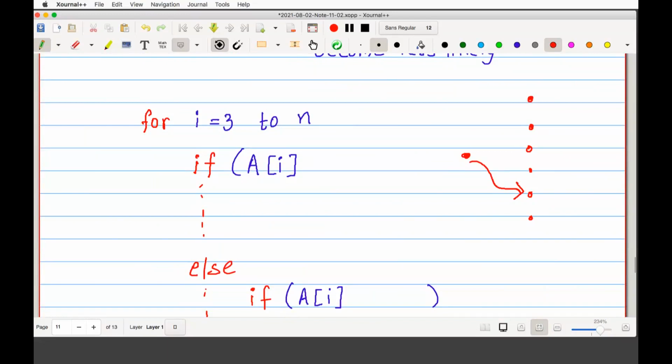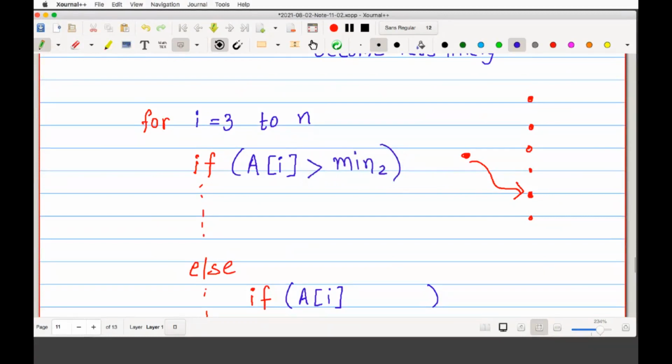So suppose Ai is greater than the second minimum. So let's say Ai is greater than min 2. Okay, so then what happens? Do we need to check one more time with min 1?